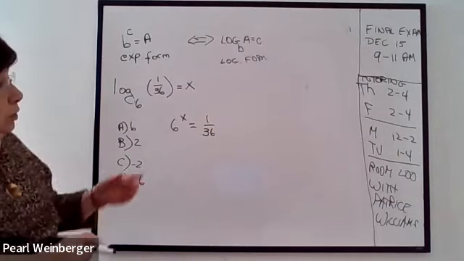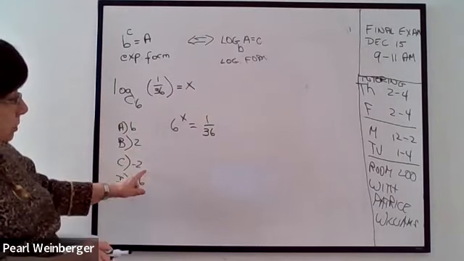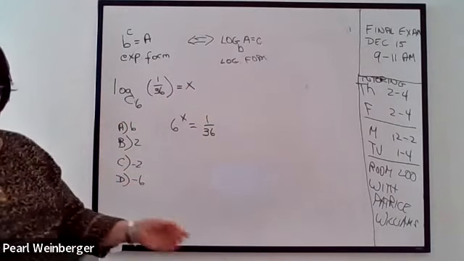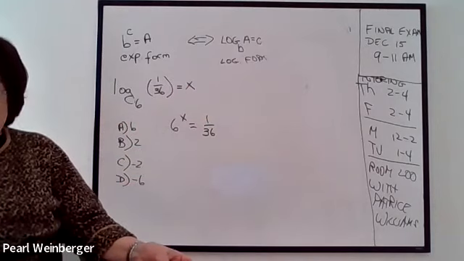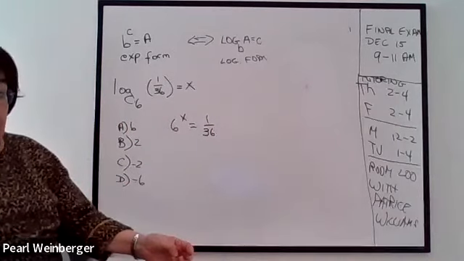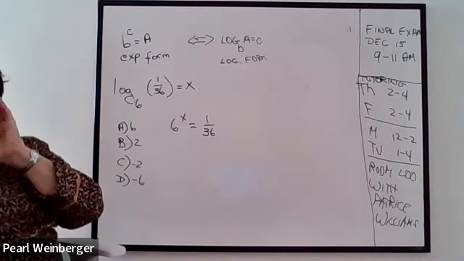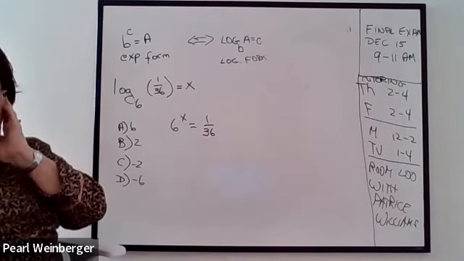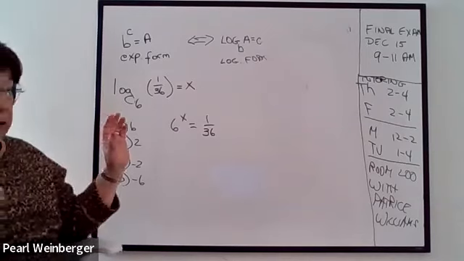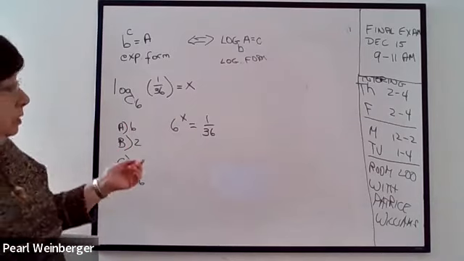Now, what I could do is use each of these numbers in my calculator, if you know how to use your calculator for exponents. But I'm going to do it using just my knowledge.